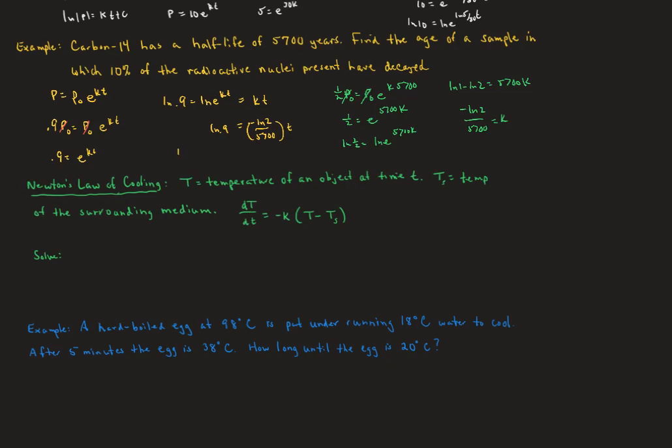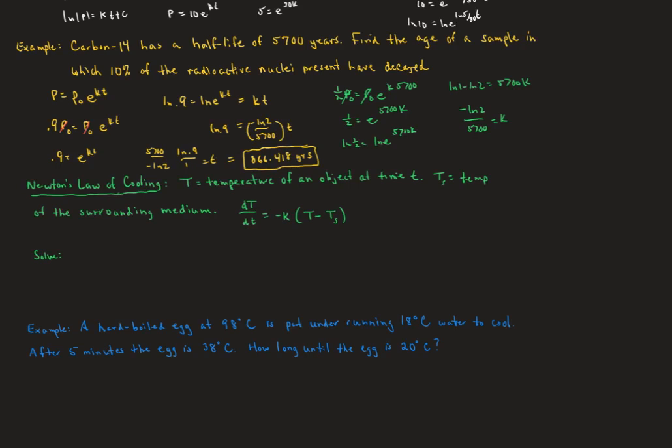We're going to get t equals the natural log of 0.9 times 5,700 over negative natural log 2. However you want to enter that into your calculator. And when I did that, I think I got 866.418 years. So that's how old that sample is.